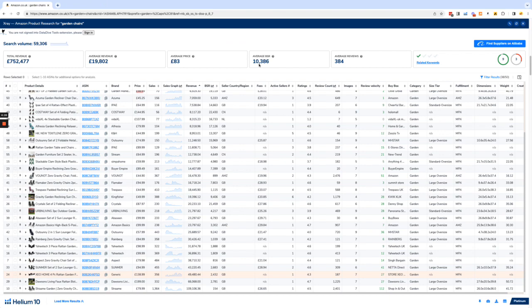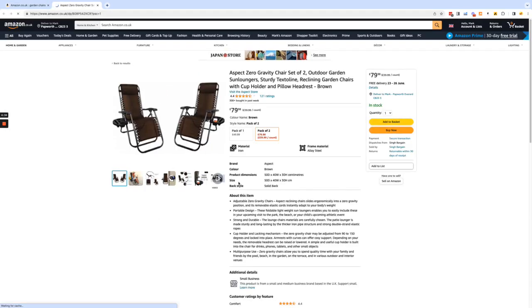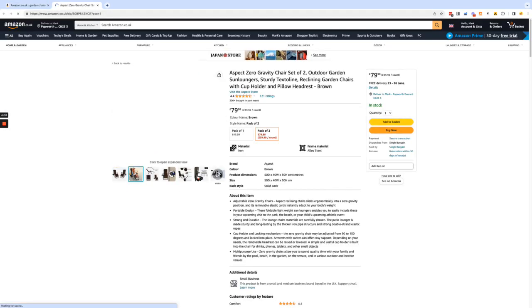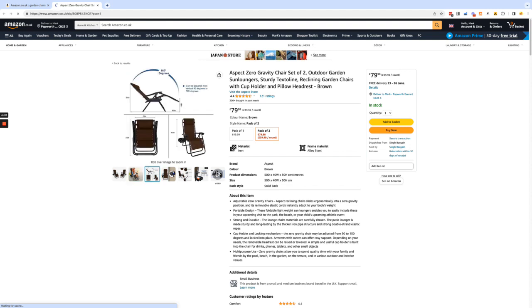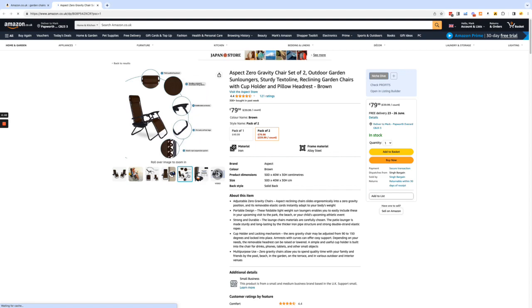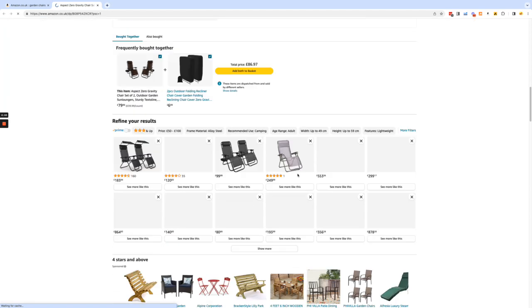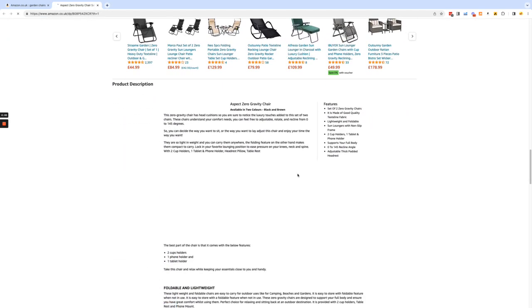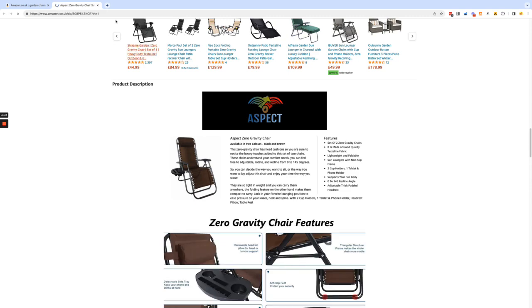But nonetheless, the images are really doing a good job to portray what the product's doing. Look at this one doing 38,000. Cracking job of the listing. Lifestyle images with dimensions, and then down the bottom, A+ content here.